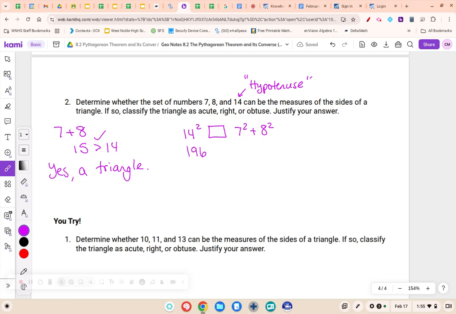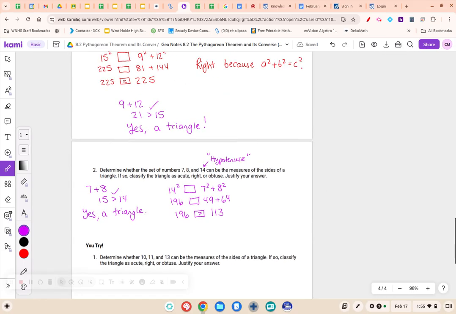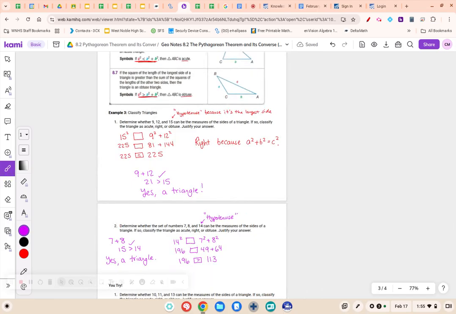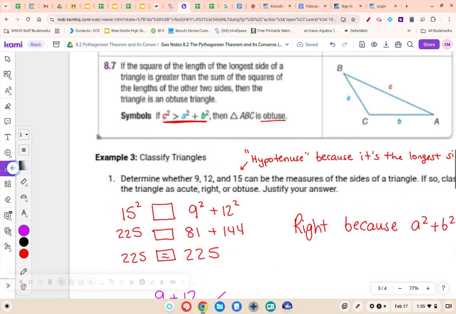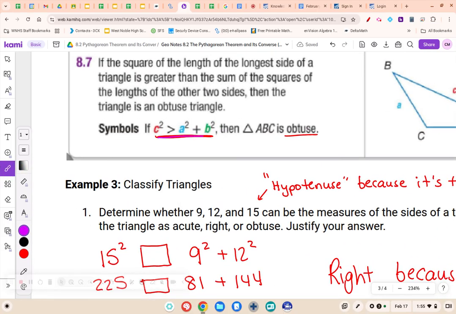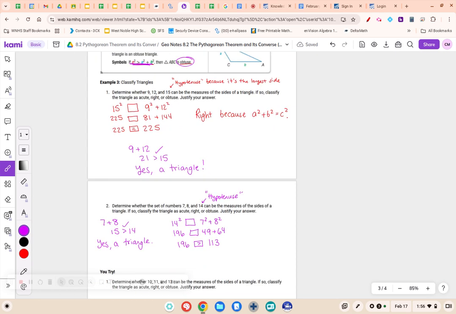So we have 196. We don't know. 49 plus 64. Once we finish doing our math here, our hypotenuse side, in quotes, is bigger than our other two sides. So if we look up here, if our hypotenuse side is bigger, it is an obtuse triangle.